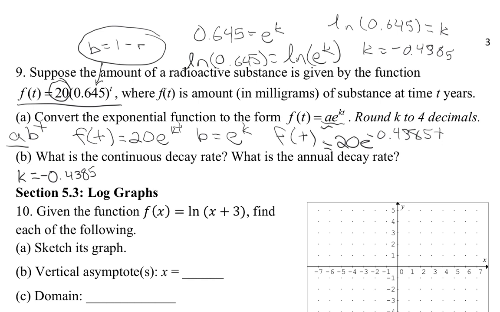And here we have that b is equal to 1 minus r, and b is 0.645. So if we say 0.645 is equal to 1 minus r, we'll see that negative 0.355 equals negative r, and so r is equal to 0.355, and that is our annual decay rate.